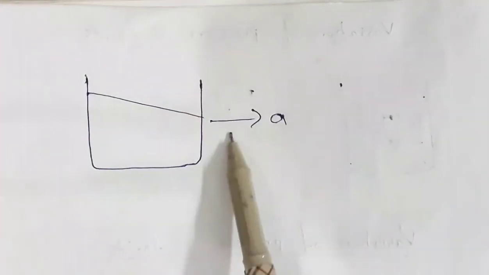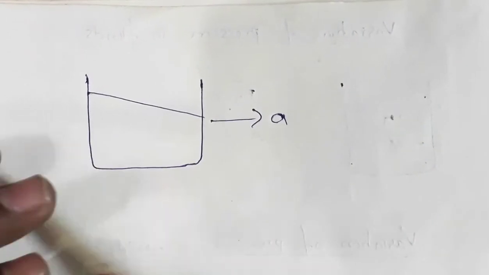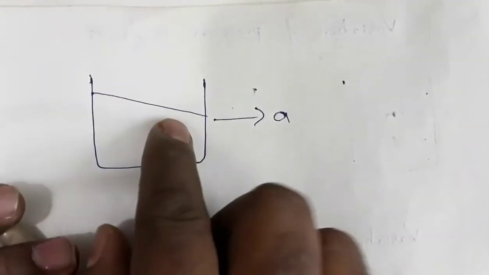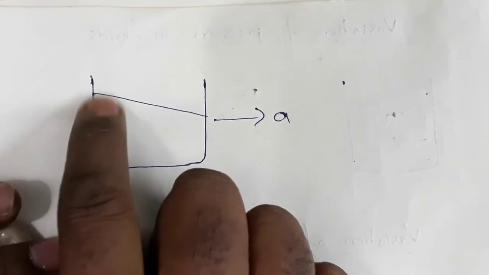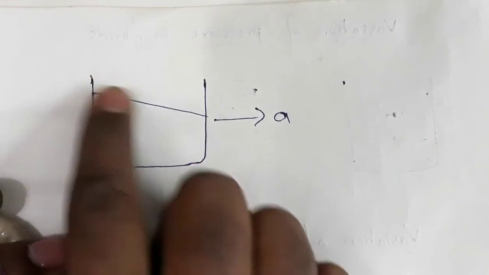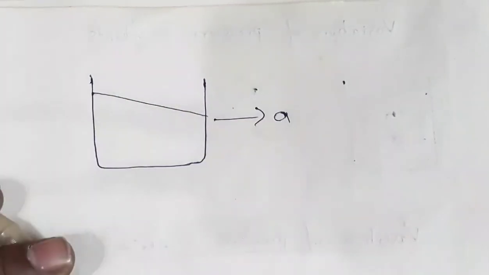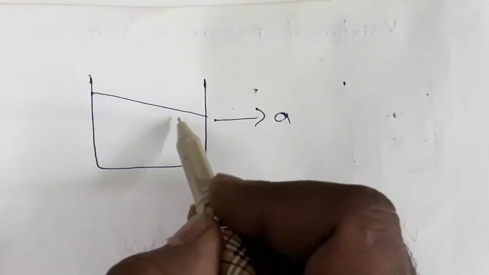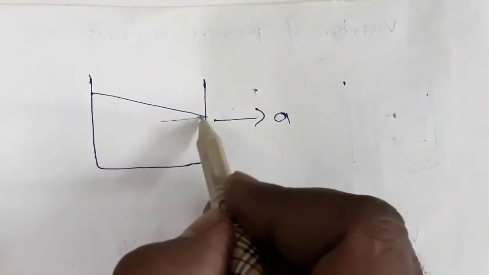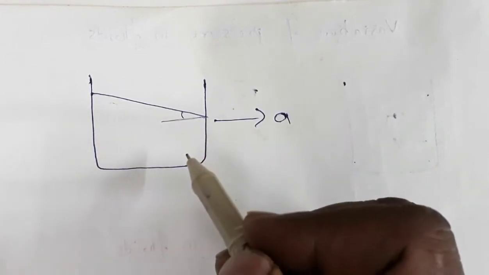As I told you, when the vessel accelerates in this direction, the liquid will move in the opposite sense because of inertia. At the back surface, on the backward part of the vessel, the liquid level will rise, and in this part it will fall. The liquid will move in this direction because of inertia. So let us calculate the inclination of this free surface.